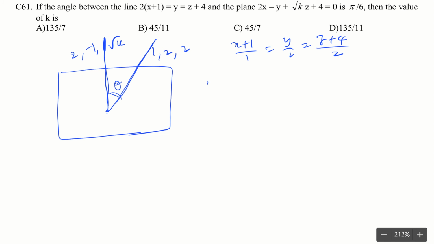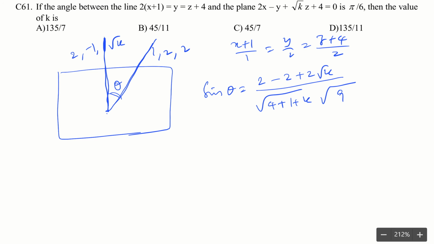Now we know that the formula is sine theta is equal to (a1 a2 plus b1 b2 plus c1 c2) by root of (a1 square plus b1 square plus c1 square) into root of (a2 square plus b2 square plus c2 square).